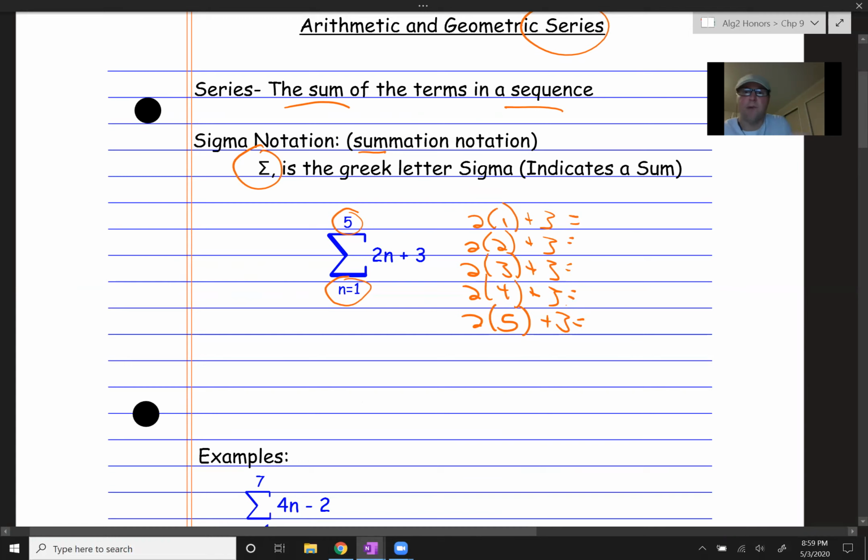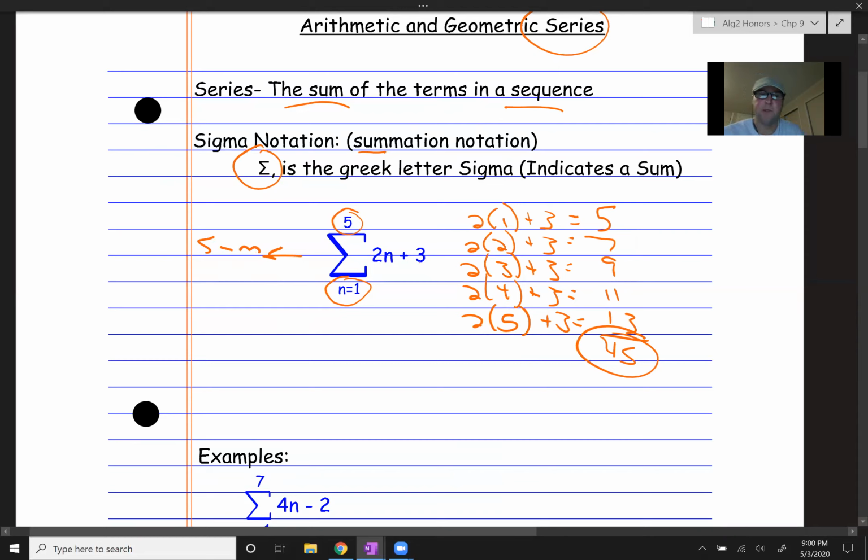Sounds like a great time, right? So I get 5, 7, 9, 11, and 13, which adds up to 45. That means the sum of 2n plus 3 turns out to be 45.